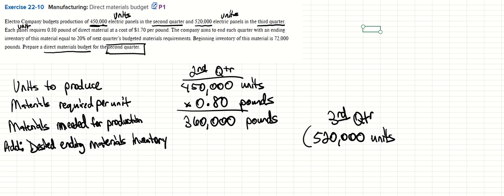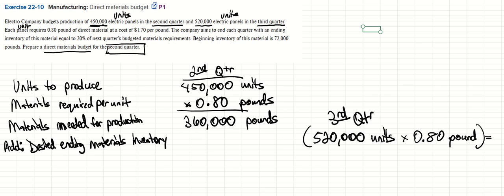We also have to convert these units into pounds, so we're going to multiply the 520,000 units by 0.80 pounds, which is how many pounds it takes to make a unit.